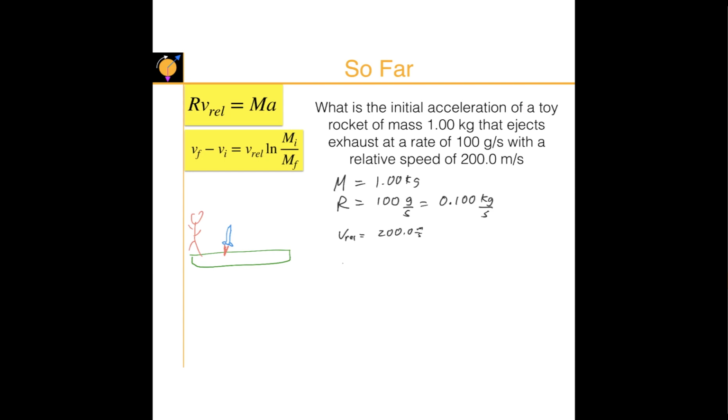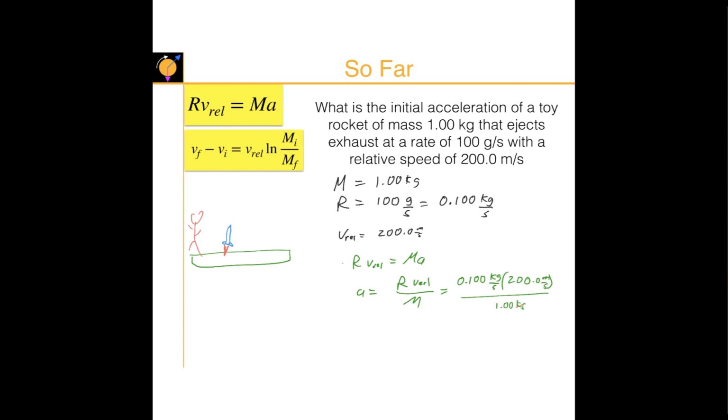So we just use our equation, r v relative equals mass times acceleration. So the acceleration is equal to r v relative over the mass. So 0.100 kilograms per second, that's r, times v relative, which is 200 meters per second, divided by 1 kilogram.